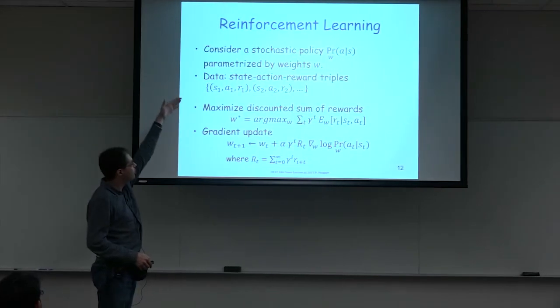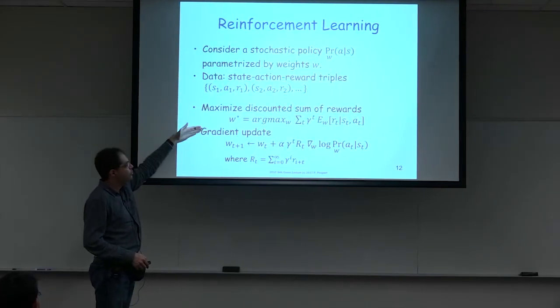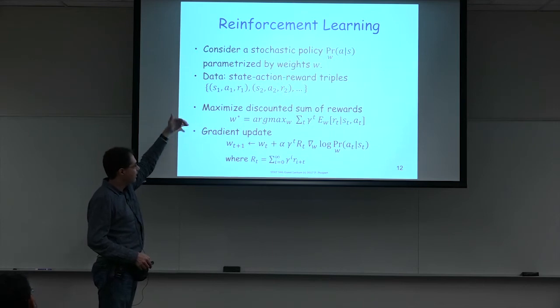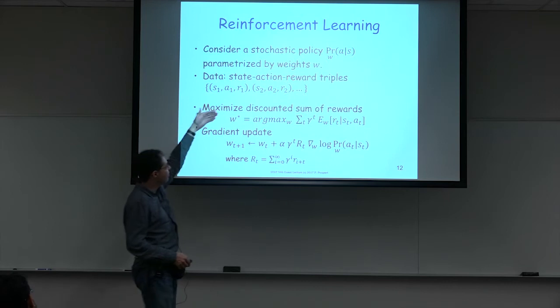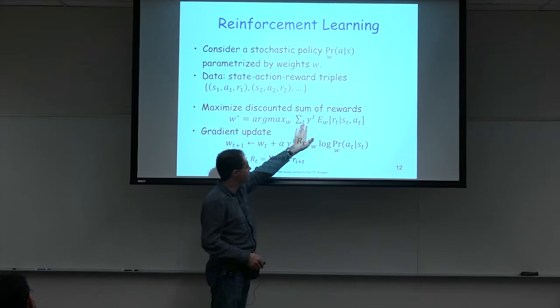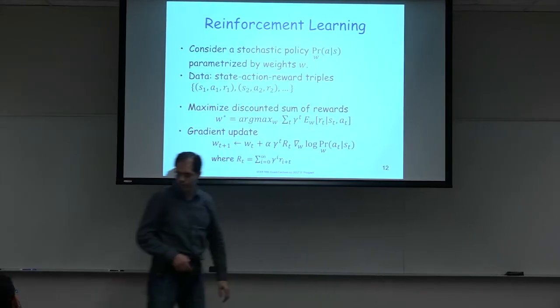With this, we can also do some form of gradient descent. We're going to see in a moment how we can derive this. But the problem that we want to optimize is to find the set of weights that maximize the sum of the discounted rewards.